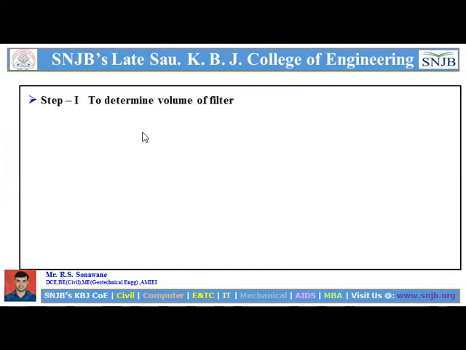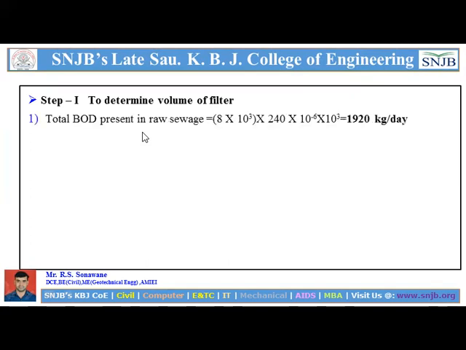In step number one, we have to determine the volume of filter. For determining the volume of filter, first we require the total BOD present in the raw sewage. So the total BOD present in the raw sewage is equal to 8 into 10 raised to 3, which is already given, multiplied by 240 into 10 raised to 6 into 10 raised to 3, that is equal to 1920 kg per day, which will be the total BOD present in the form of raw sewage.